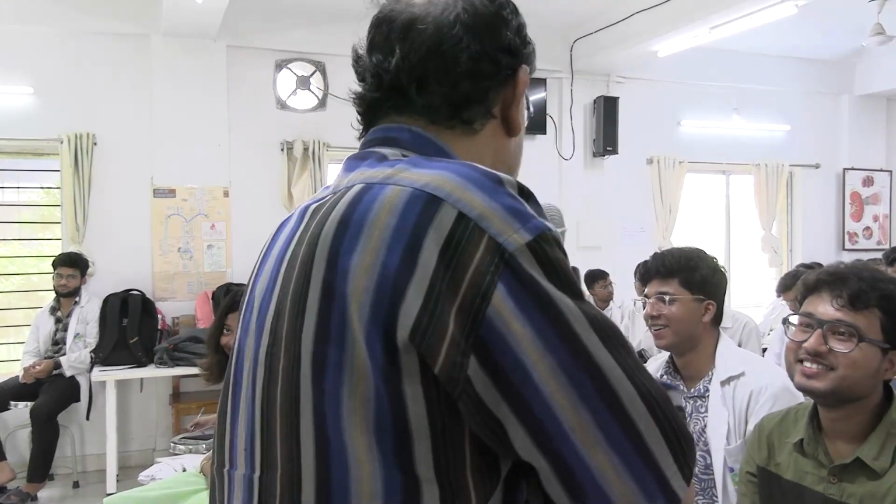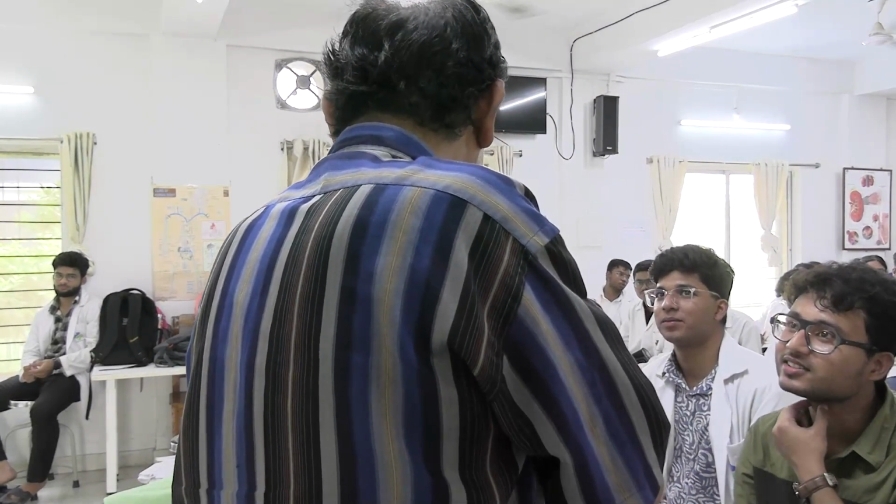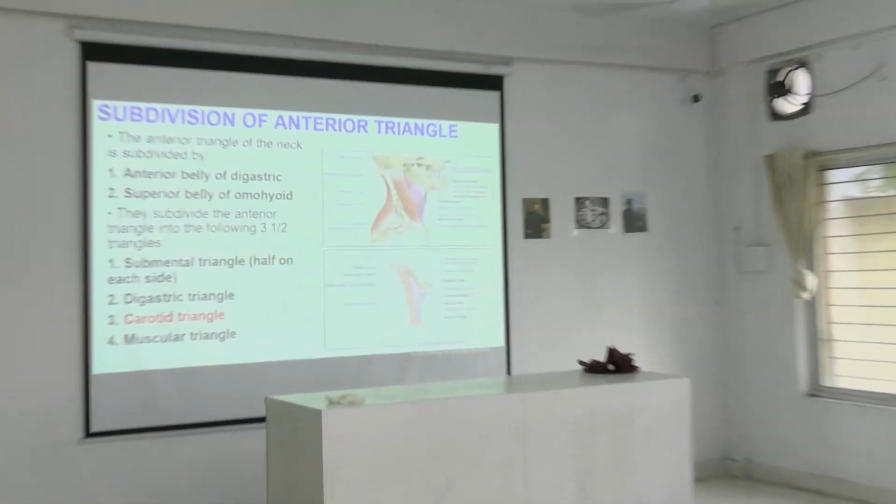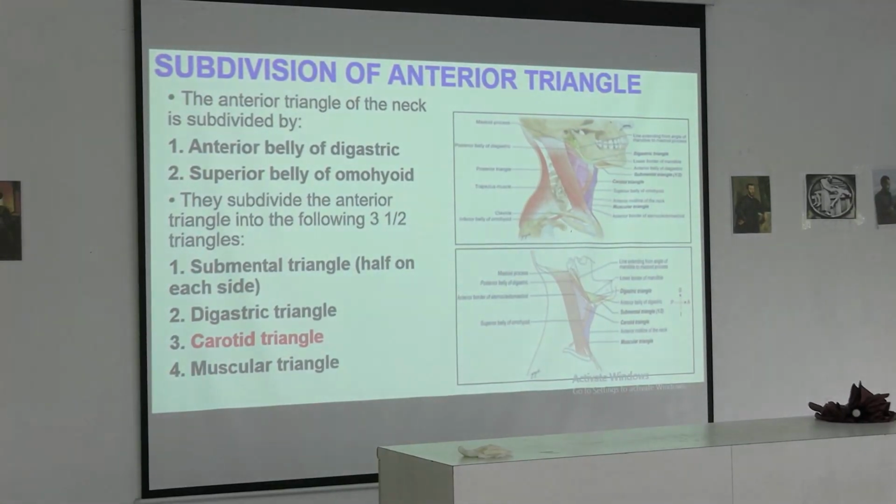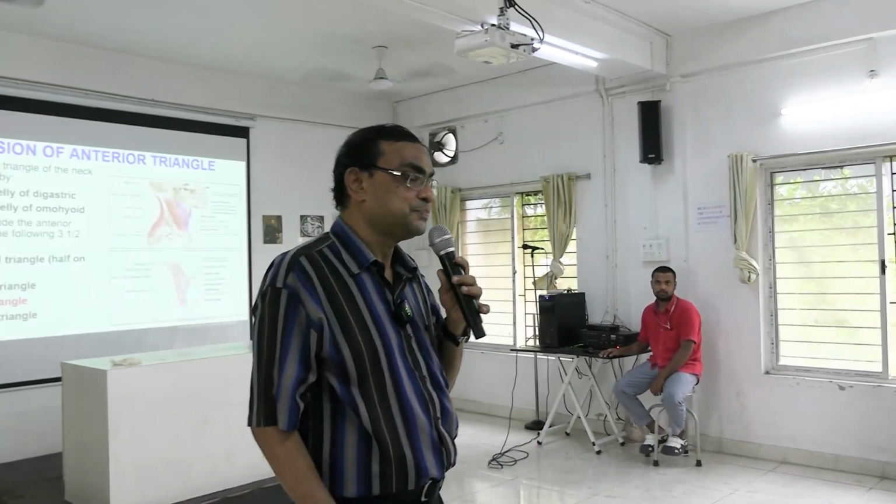This hyoid bone will get damaged, or actually there will be a fracture of the hyoid bone. This is very important for the attachment of different muscles and also for movement of the larynx. Okay, so that is very important.